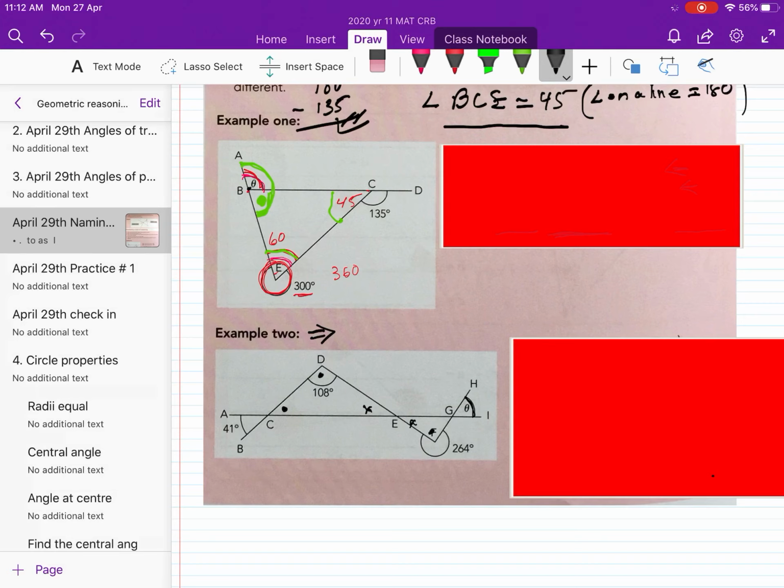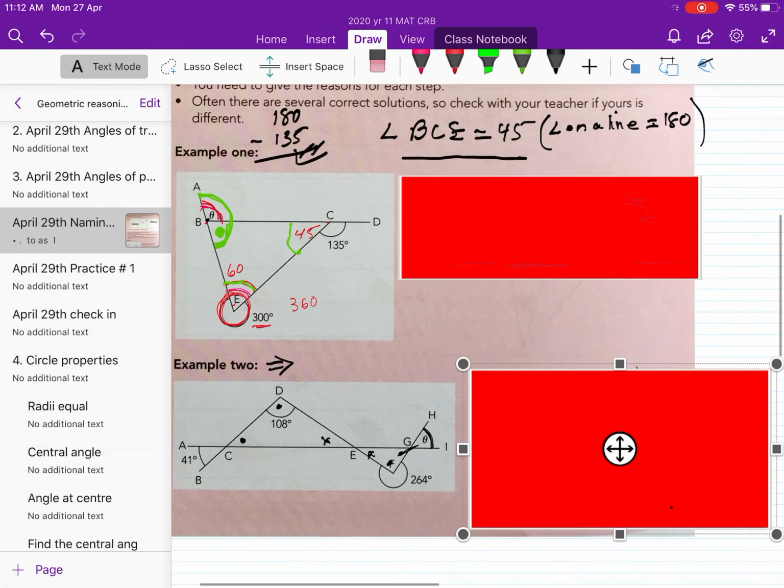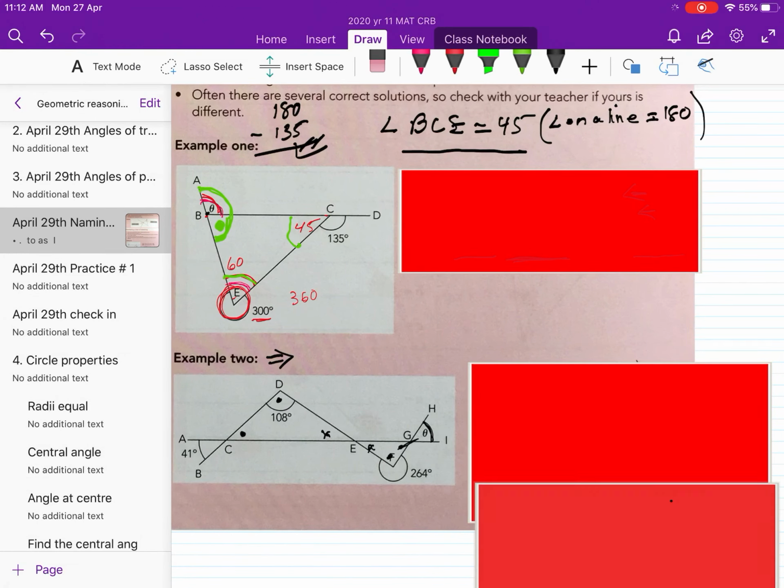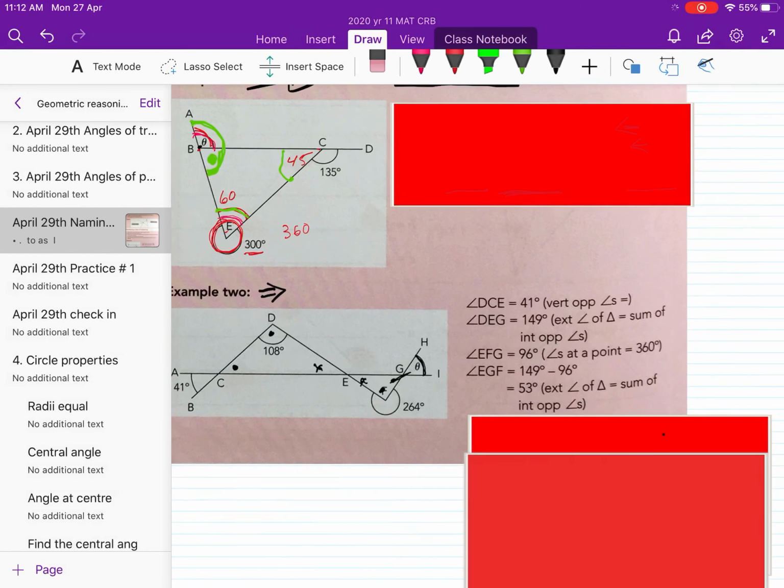And then from there, since I've got this angle and this angle, this is again an exterior angle. So I could use that as an exterior angle that equals the sum of the opposite angles, or I could find this one here and then do vertically opposite angles. There is no wrong way of doing this. You try to do it as effectively as you can.